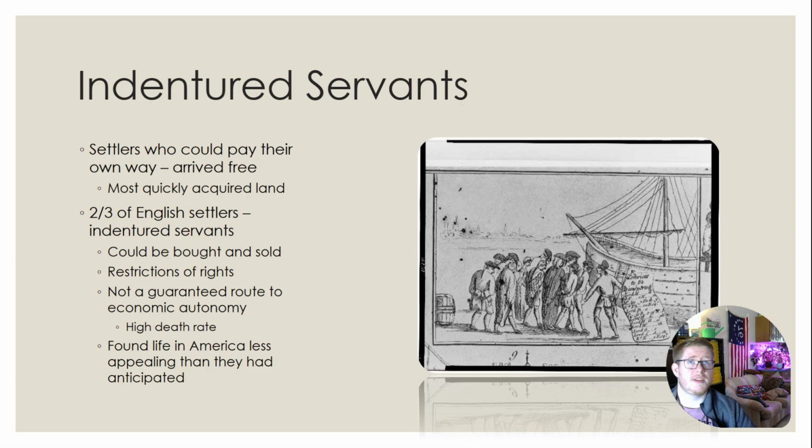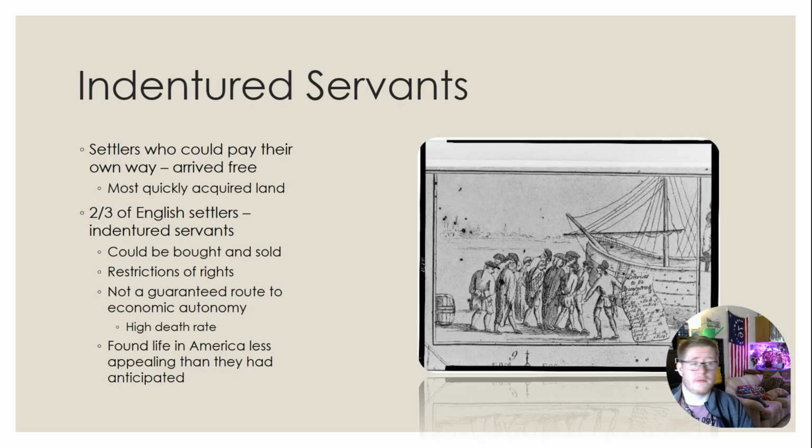Now, when we talk about indentured servants, there's a misnomer that it's not slavery, but it is also slavery in the sense that indentured servants could be bought and sold. There was a restriction of rights, and there was no guaranteed route to economic autonomy. Because of the high death rate, a lot of indentured servants died before their period of servitude was over. And a lot of people that had to come over as indentured servants found life in America way less appealing than they had anticipated.